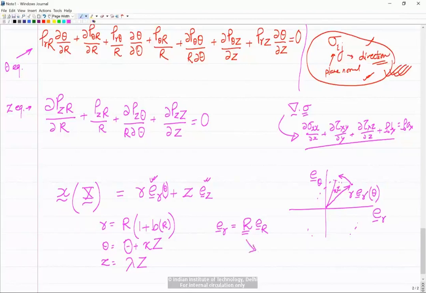So this big R is rotation about e big Z by small kappa into big Z, which is basically twisting rotation.